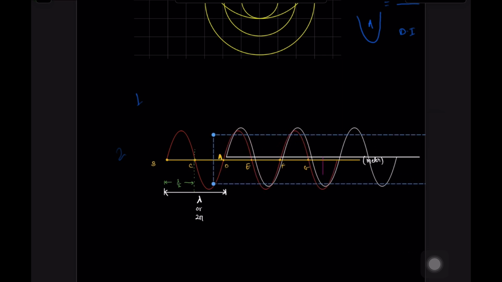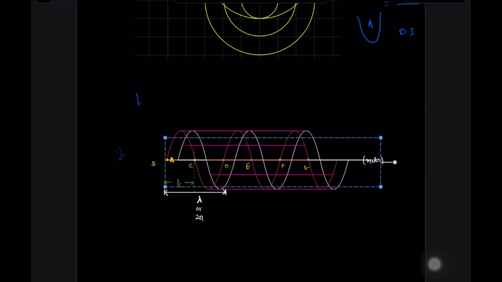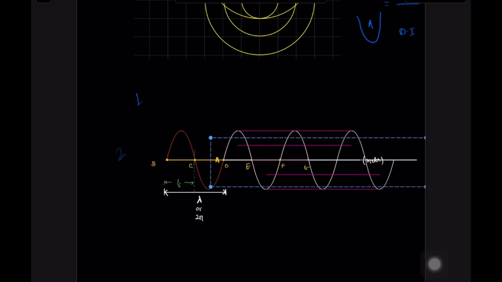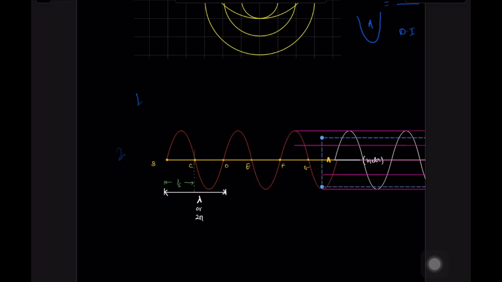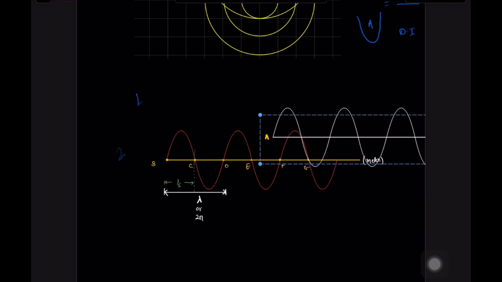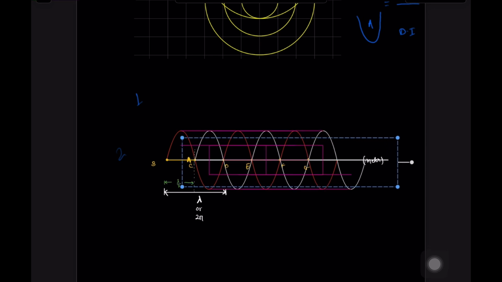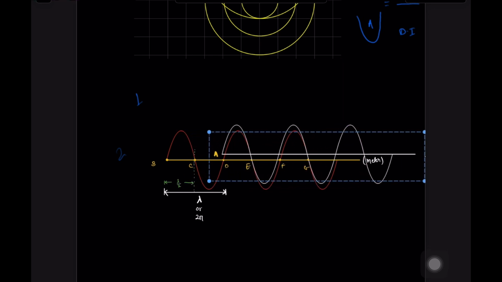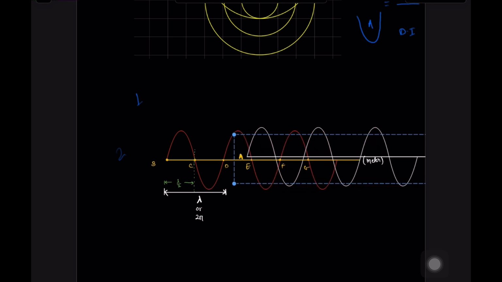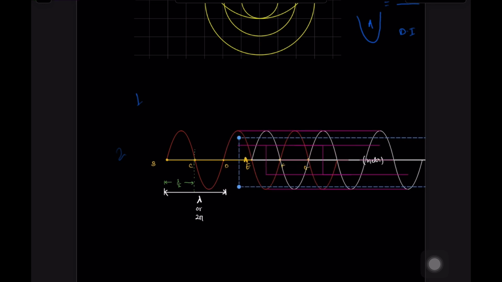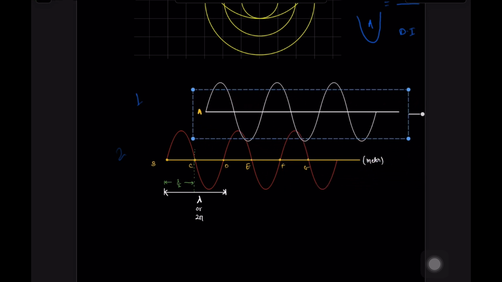So at every integral multiple, 0 lambda, 1 lambda, 2 lambda, 3 lambda, the waves are meeting constructively, or in phase. So you'll get constructive interference, while at every half-integral multiple, one and a half lambda, 2.5 lambda, the waves will interfere destructively.